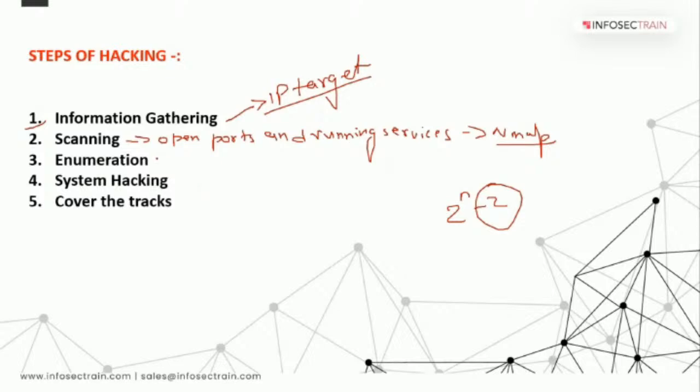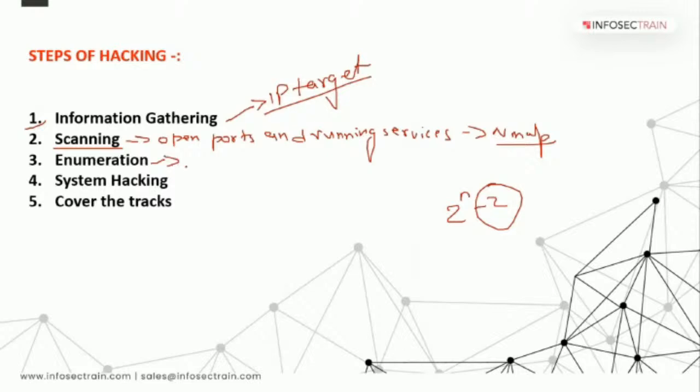Now, next thing: if in scanning as well you don't find the desired output, you will go to enumeration and find more detailed information about your target. You will use different techniques.